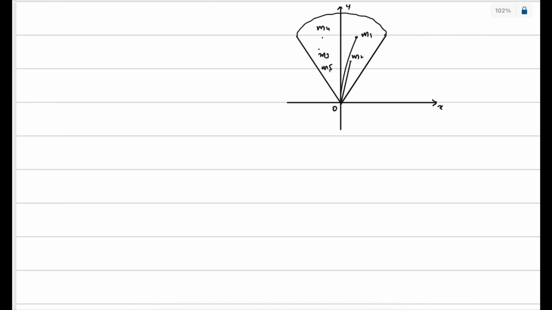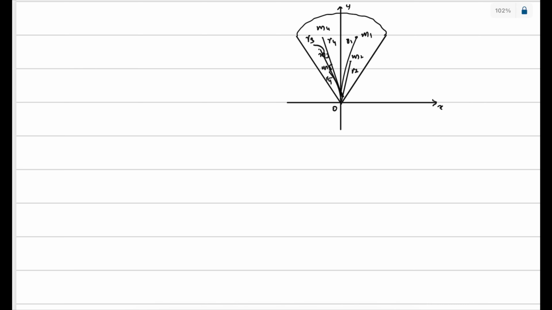This is O, the origin, because in physics everywhere we require an origin or reference frame. Don't bother about the lines I am drawing. Try to understand the concept. Now, this is R1, this is R2, this is R5, this is R4, this is R3, the distances.